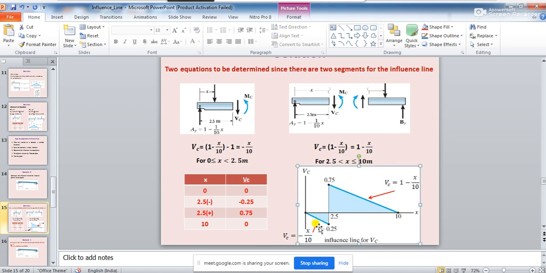However, you observe that there is a break in this straight line, because these two equations are different, and because of that there is a jump of shear force from minus 0.25 to 0.75 at the point C, because of the movement of the load from x equal to 0 to x equal to 10. Okay, so this is actually the influence line for shear at C.